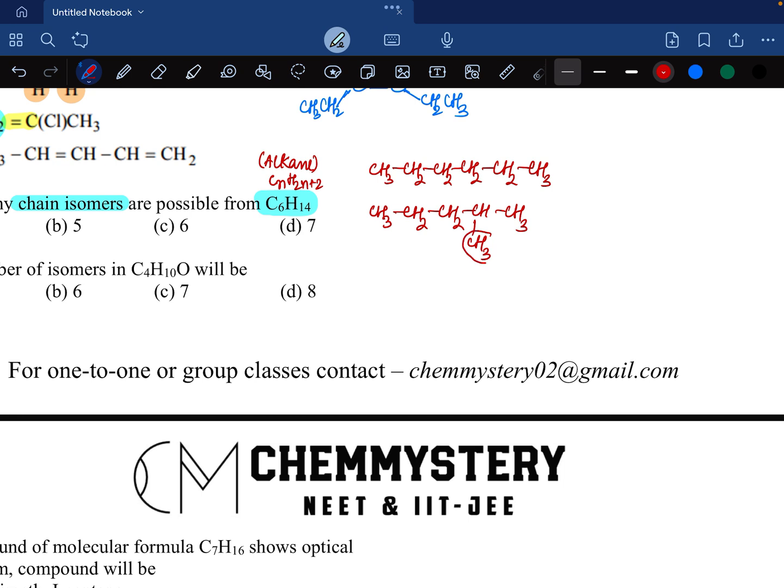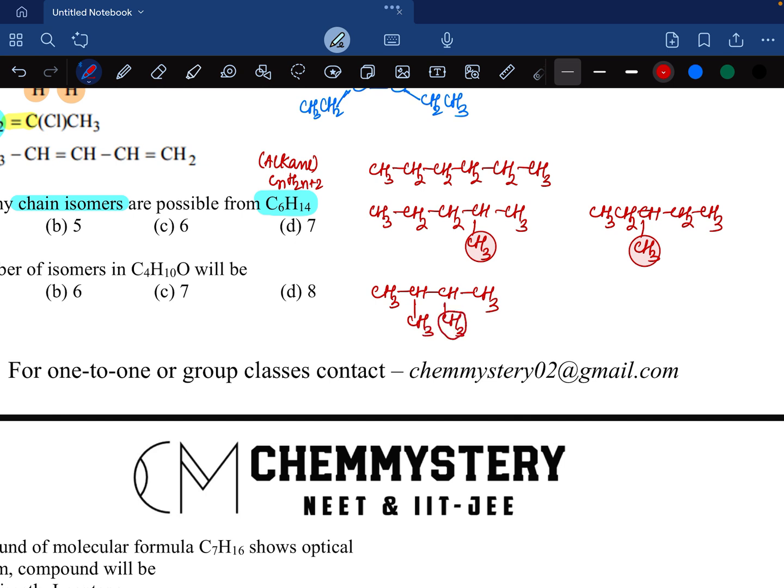Now, can I change the position of this CH3 from second to third on the 5 carbon chain? CH3, CH2, CH, CH3, then CH2 and CH3. See, the attachment position changed, but the molecular formula is the same. If I change the main chain into 4 carbons, CH3, CH, CH and CH3, the remaining methyl groups I attach as side chains.